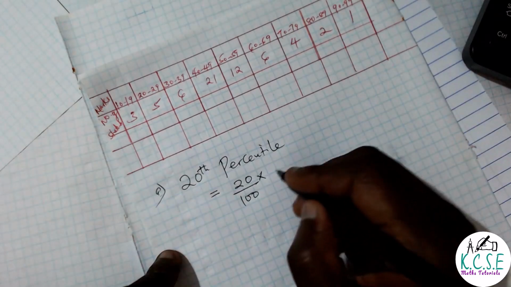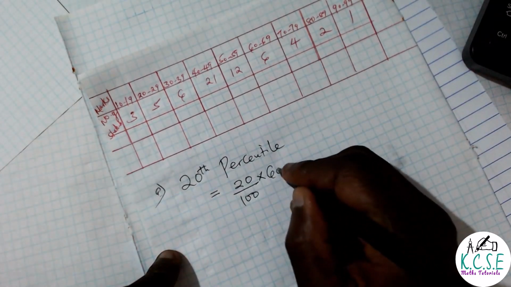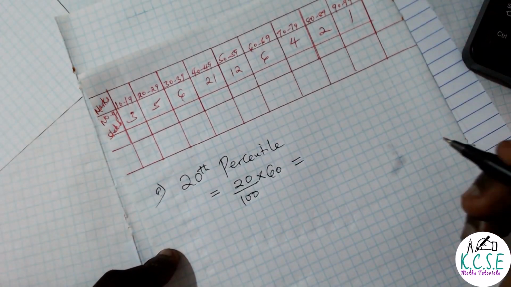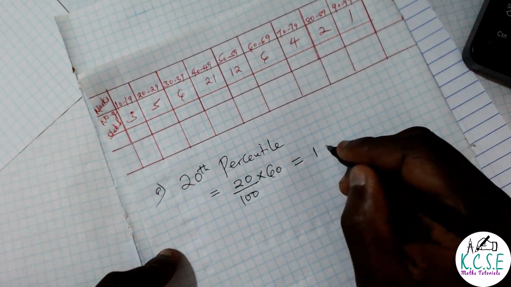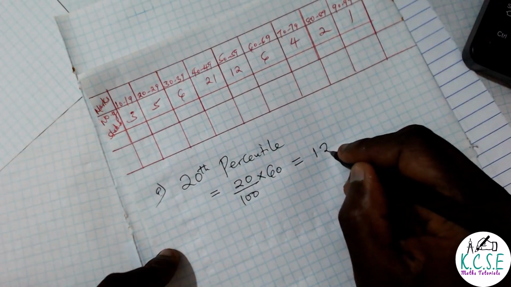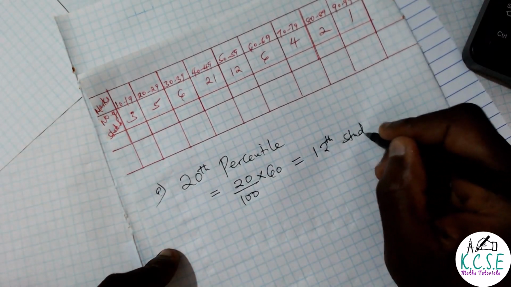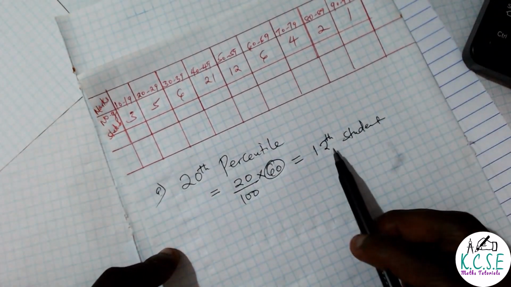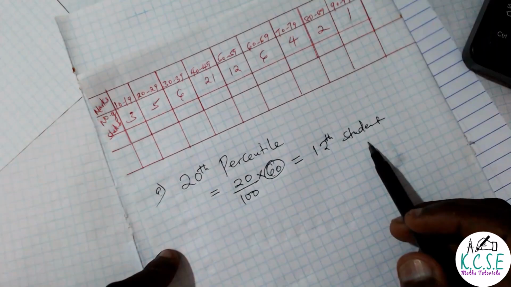So that is 20% of 60. This will give us the position of the 20th percentile, and we get it at the 12th student, because all these students are 60. So the 12th student is the one who is going to give us the 20th percentile.